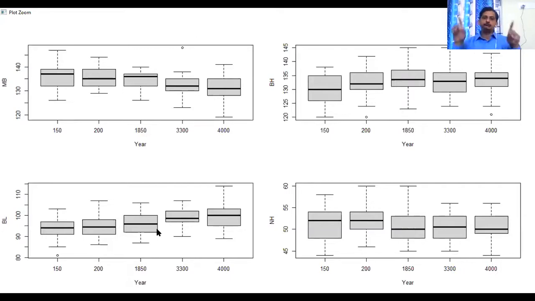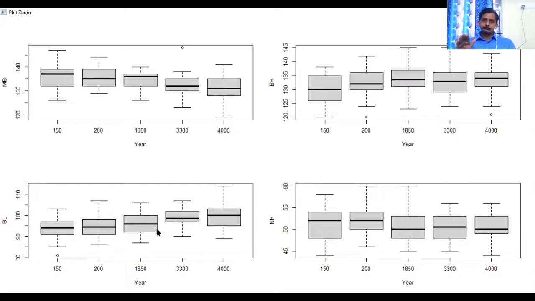Now, finally, one summary: how to write the final output for this is, four characteristics were compared across the years and found to be significant. Now, using another function, we tried to observe whether that significance is observed in each of the four variables in the data. When we observe each variable across the different years, we notice that except nasal height, the remaining three characteristics show a significant p-value less than 0.05.